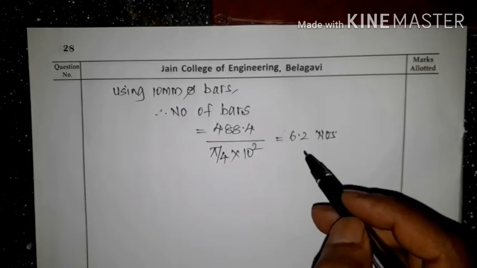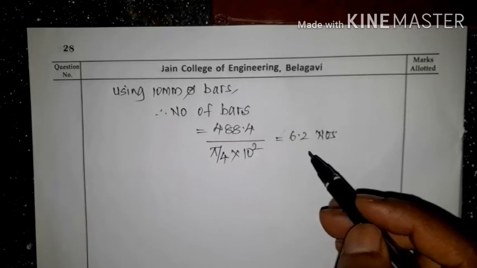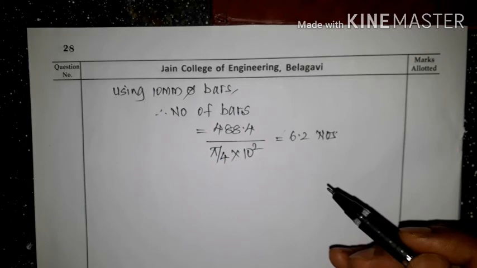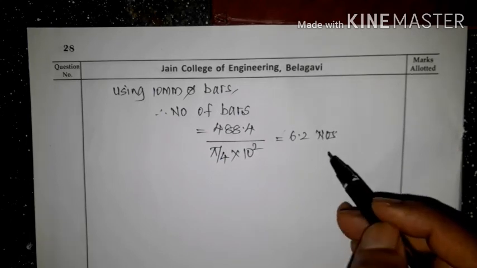So here we cannot provide 7 number of bars, so we have to provide the next addition, that is 3 plus 3 is 6, plus 3 is 9. So we have to provide 9 number of bars.